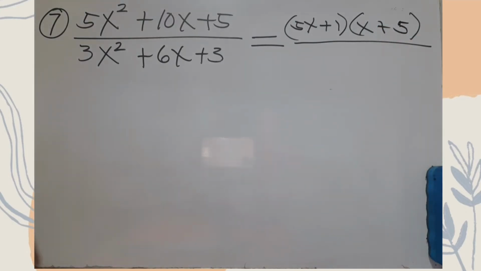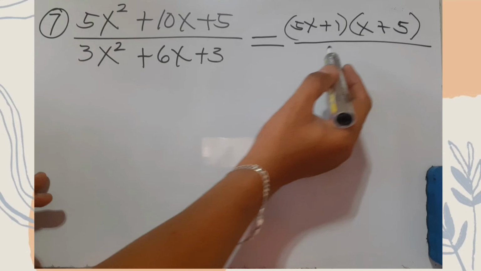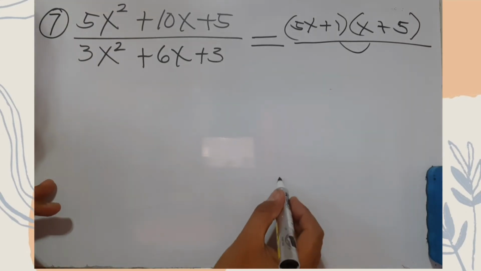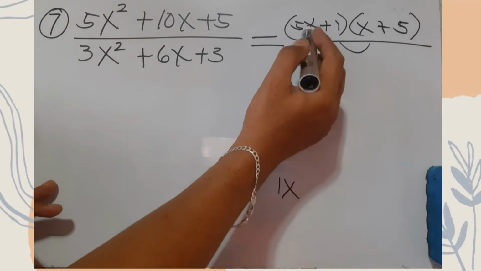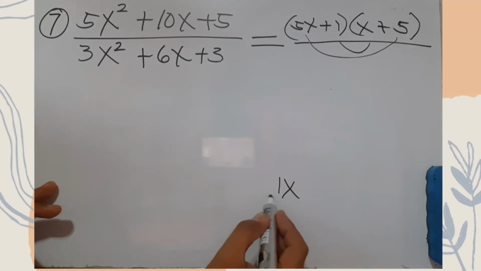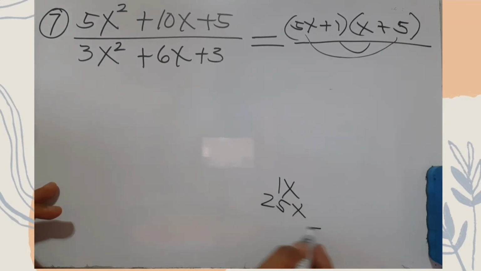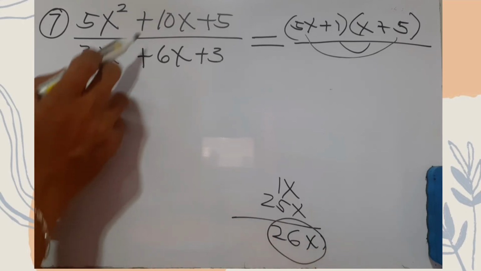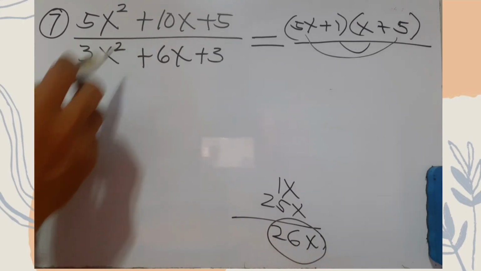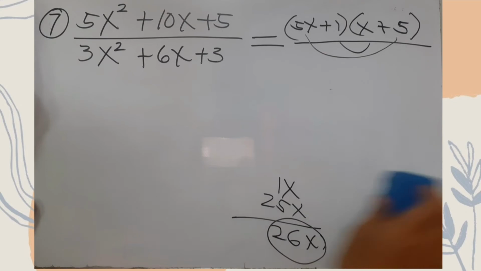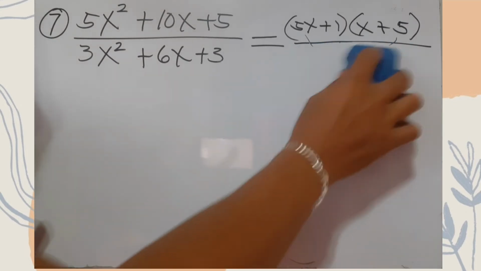To test if our factors are correct, 1 times x is x. 5x times 5 is 25x. 1 plus 25 is 26x. Our middle term is 10x, therefore this is not correct.